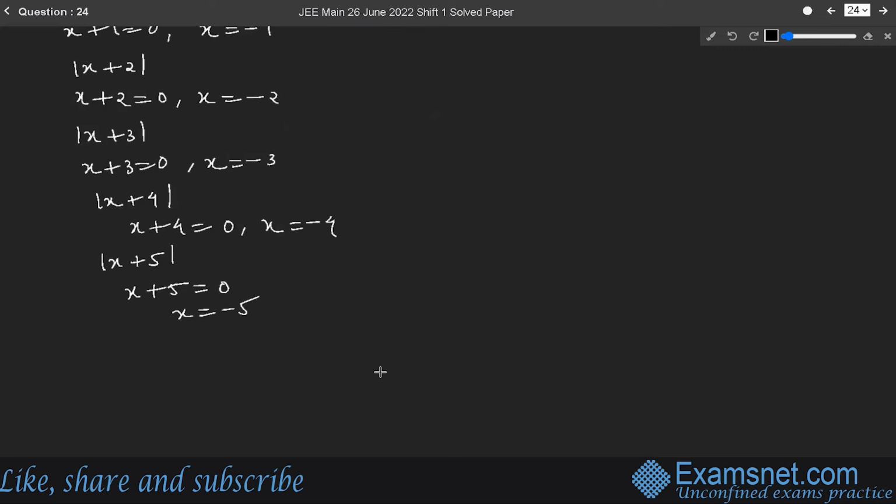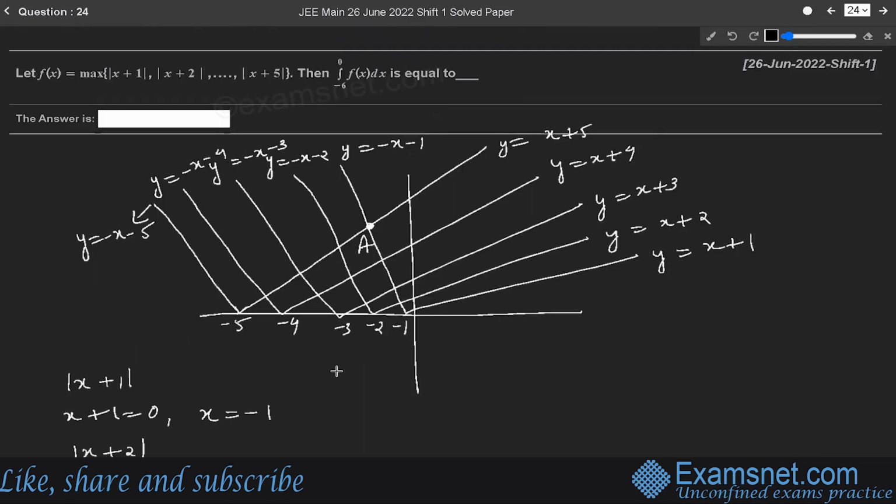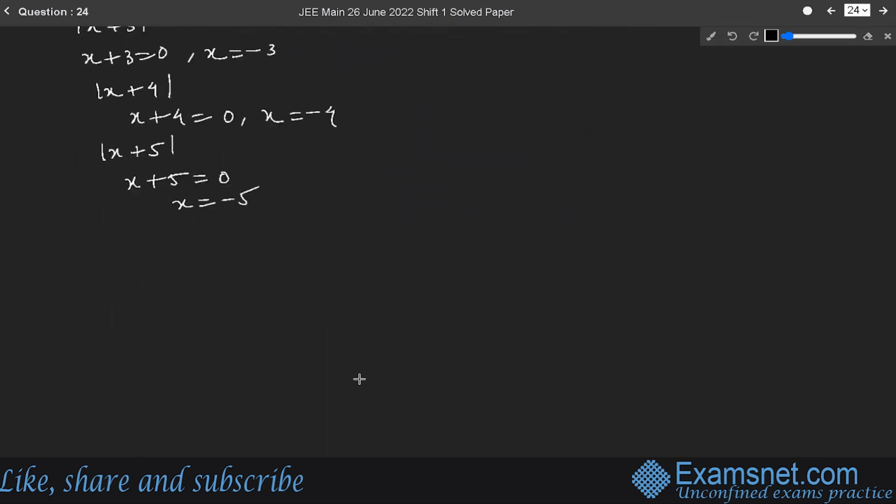Here the maximum function is represented by the dotted lines. See, this is the maximum function, which also contains the middle point A. This is the representation. Therefore, the point of intersection A of line y is equal to minus x minus 1 and y is equal to x plus 5.